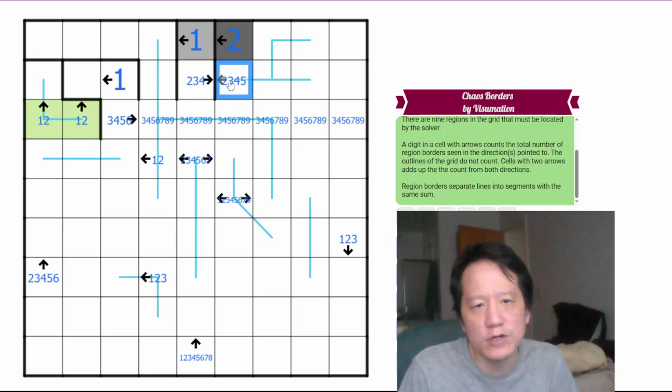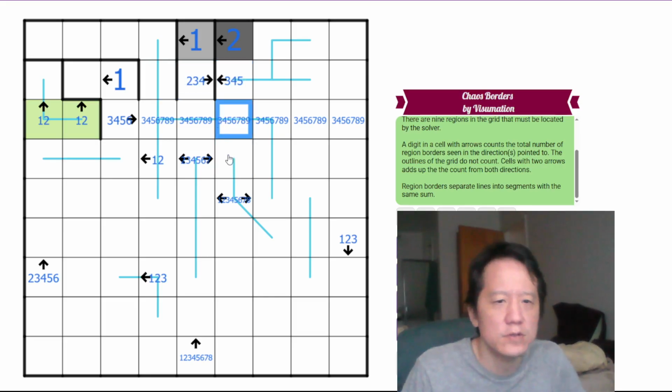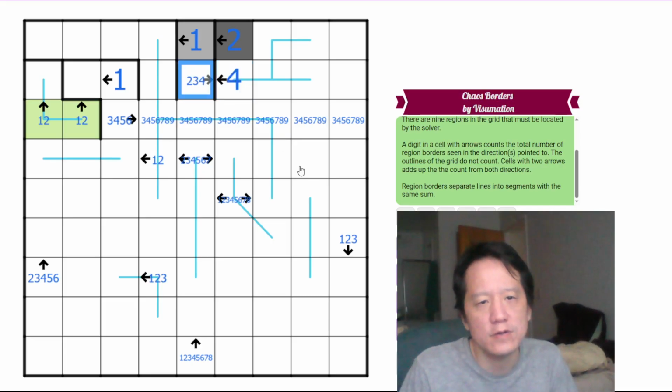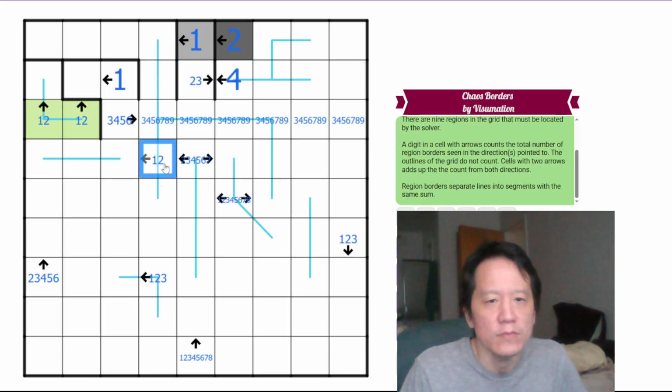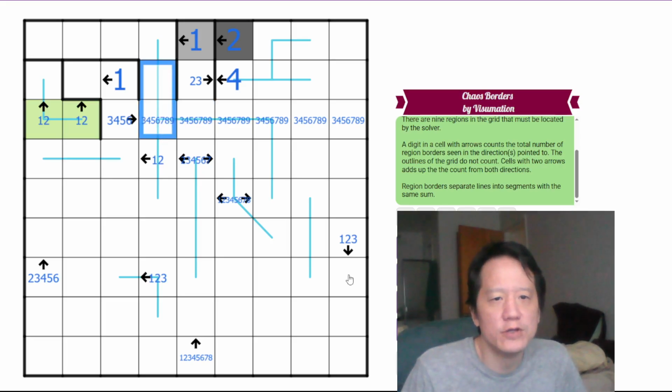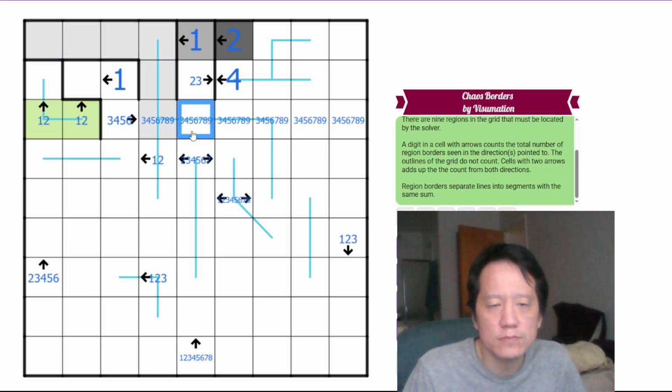Neither of these could be 1. This can't be 2. This sees 1, 2, 3, 4 boundaries here. This has to continue out. So this one would form essentially its own boundary.